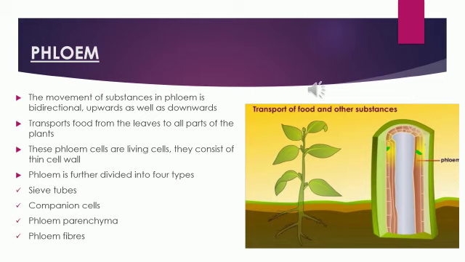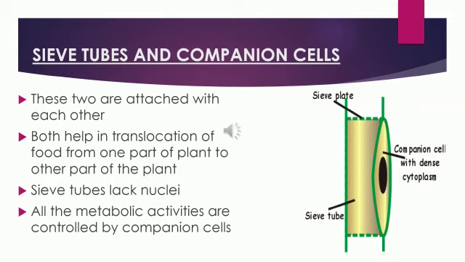Phloem is further divided into four types: sieve tubes, companion cells, phloem parenchyma and phloem fibers. Let us study one by one. Sieve tubes and companion cells. These two are attached with each other.